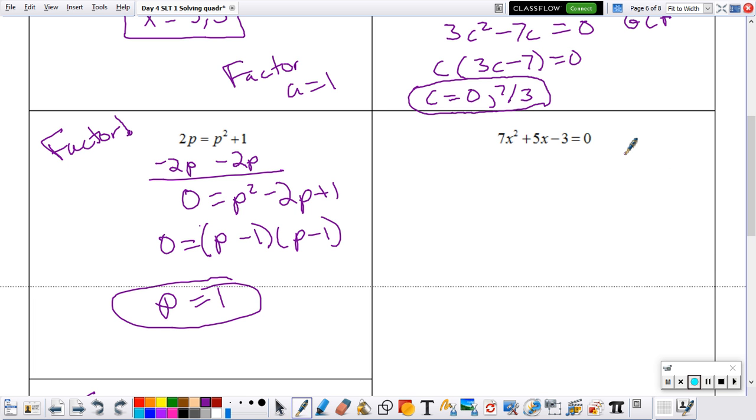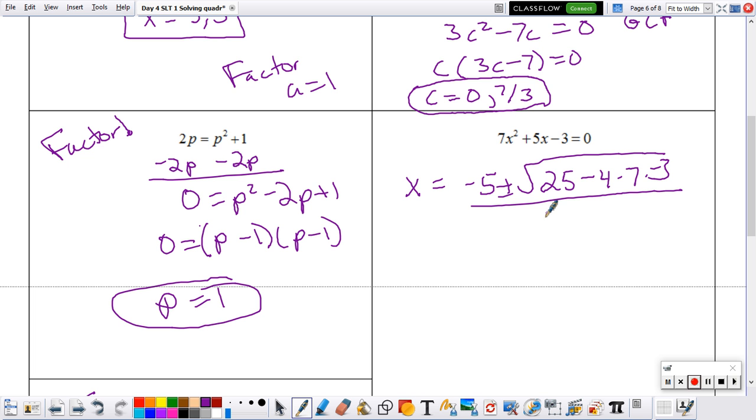Now it's time to pull out the quadratic formula because I've exhausted all my other possibilities. Only once all my other possibilities are exhausted do I go to the quadratic formula. X equals -b plus or minus the square root of b squared minus 4ac all over 2a.